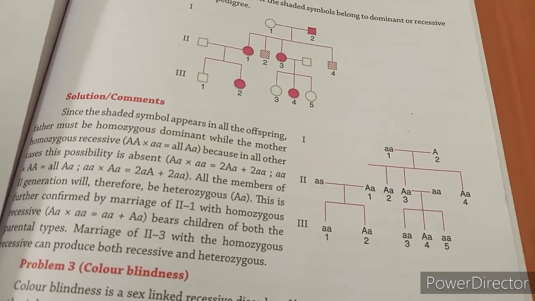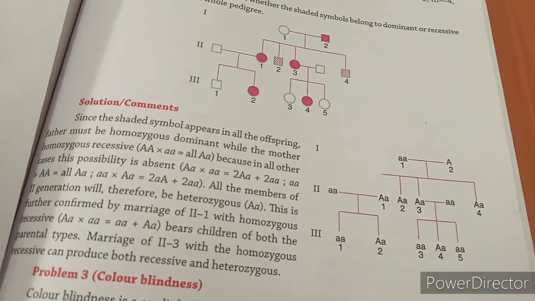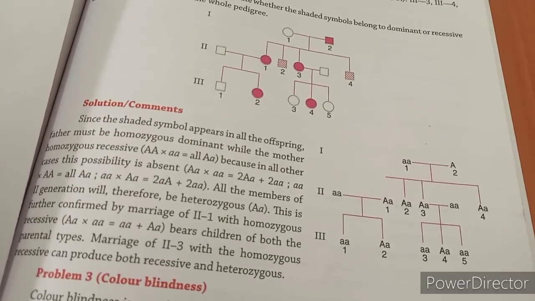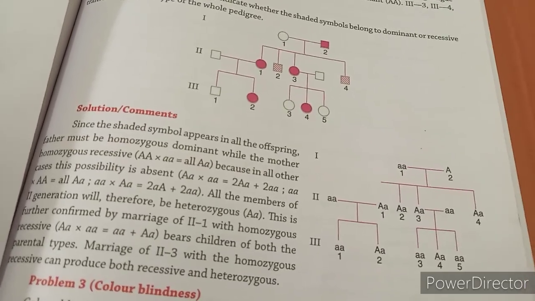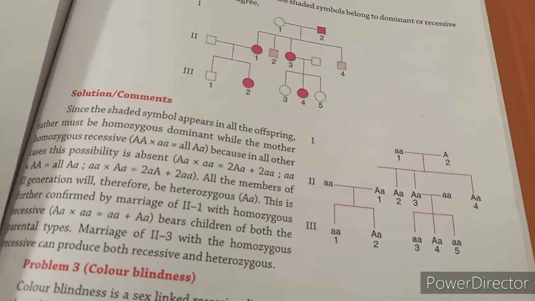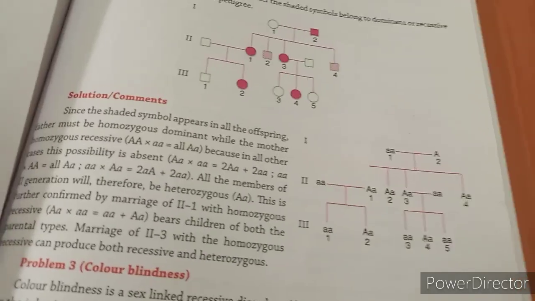So what is seen here is that the father is homozygous dominant and the mother is homozygous recessive. So the father can be shown with two capital A, and the mother is recessive, so she can be shown with two small a.